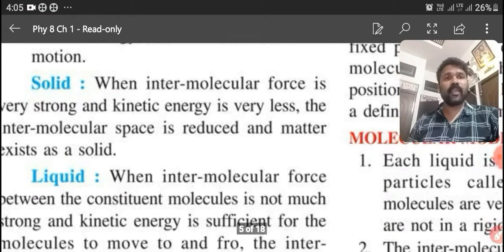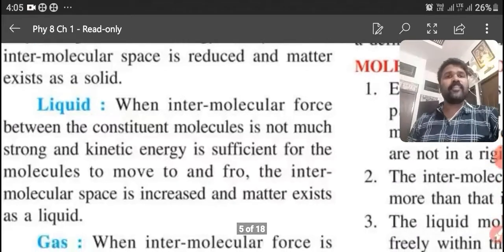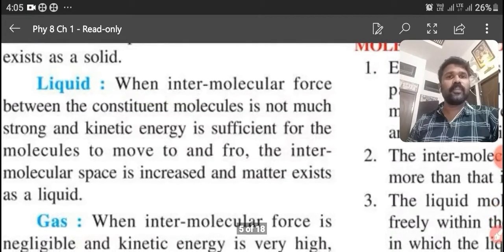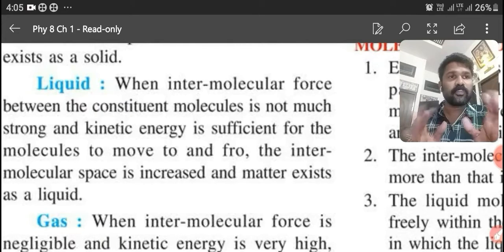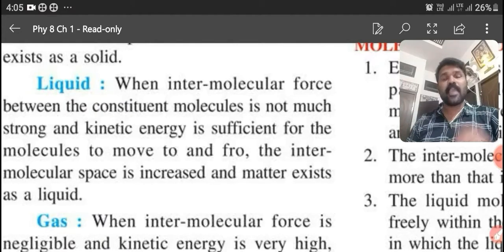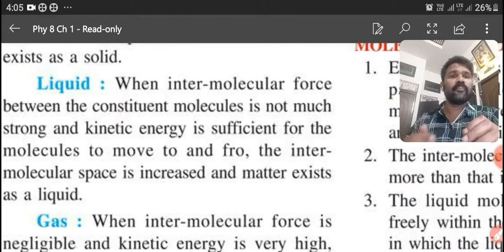In a liquid, the intermolecular force between the constituent molecules is not that strong, and the kinetic energy is sufficient for the molecules to move to and fro.